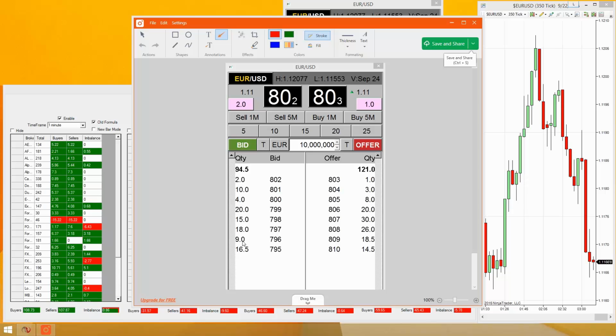The liquidity provided is different from broker to broker. This is one broker only.